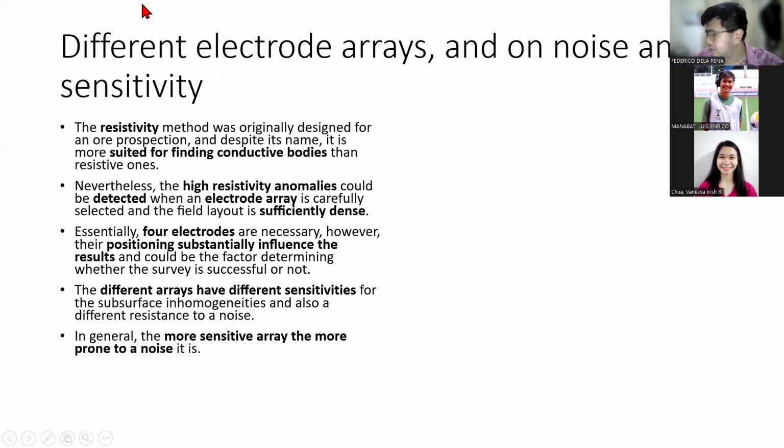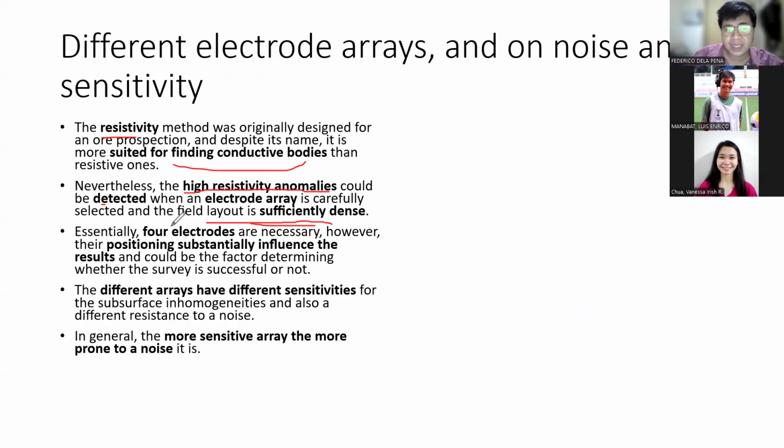Right, and we're also going to talk about different electrode configurations. Originally the resistivity method was made for finding conductive bodies, and high resistivity anomalies can still be detected using different electrode arrays, as long as you have a dense layout, meaning a closely spaced survey.